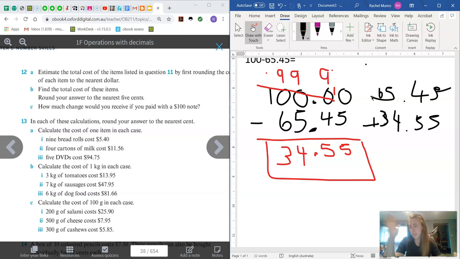Okay, so again, we're going to work from our hundredths column first. So 5 plus 5 gives us 10. So we put down our 0 and we carry our 1 over to our tenths. We've got 5 plus 4 is 9, plus our 1 that we carried over gives us 10 tenths.